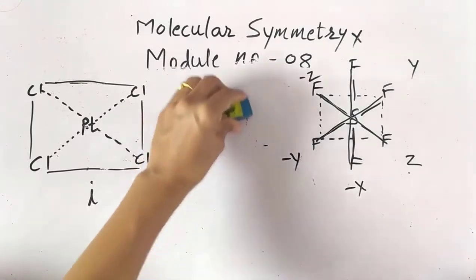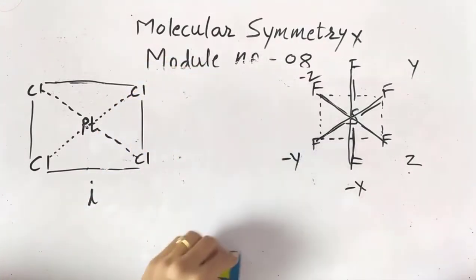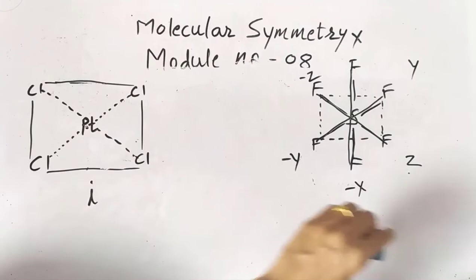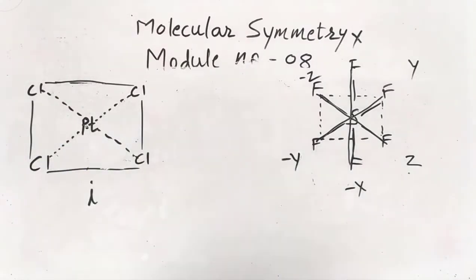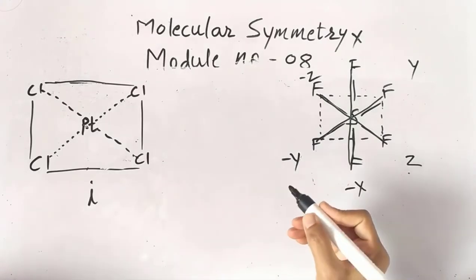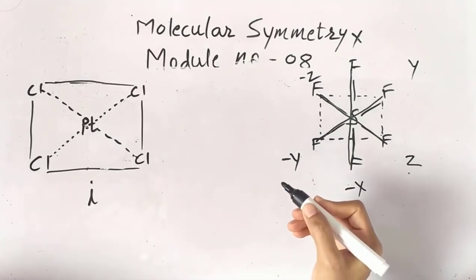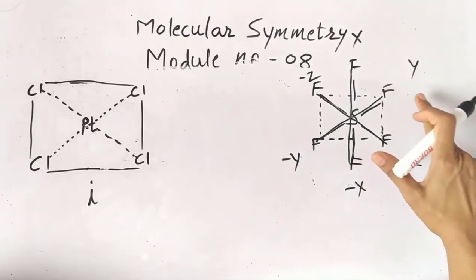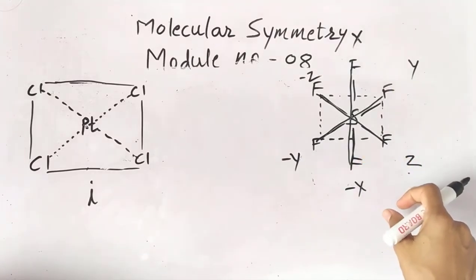Why am I telling you the coordinates? Because we can define the inversion center in another way. When a molecule is brought into an equivalent configuration by changing its coordinates, what are we going to do?